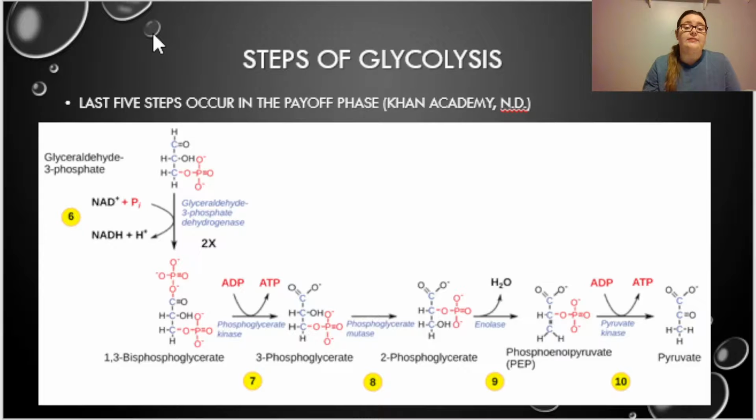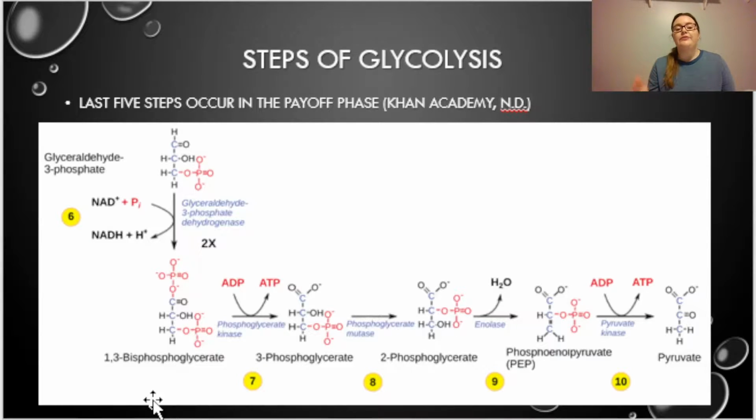Now next, in the steps of glycolysis, the very last 5 steps occur within the payoff phase. These are the energy releasing steps. So for step 6, we end up with G3P, the glyceraldehyde 3-phosphate, and what happens is this molecule is oxidized, and from the oxidation, we make 1,3-biphosphoglycerates.